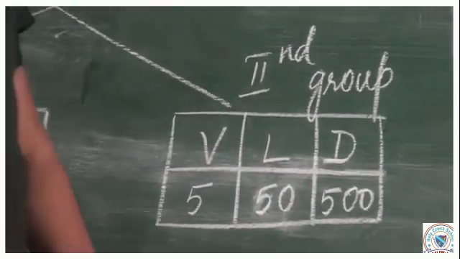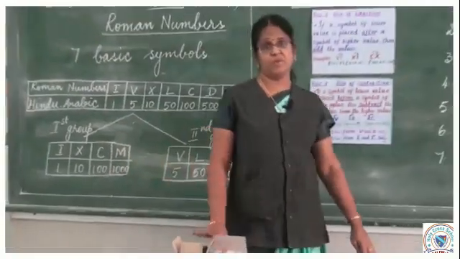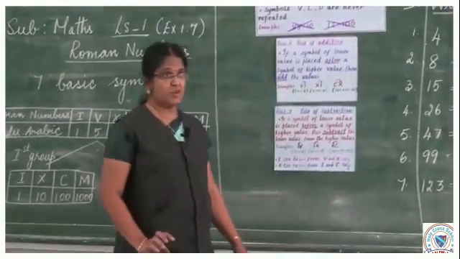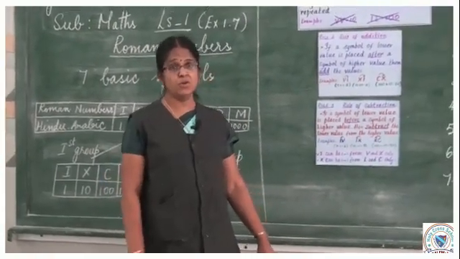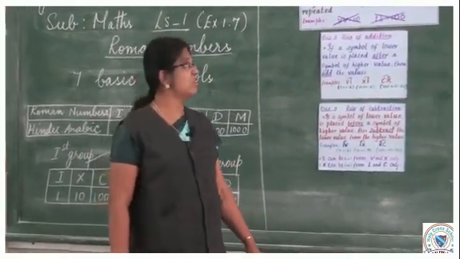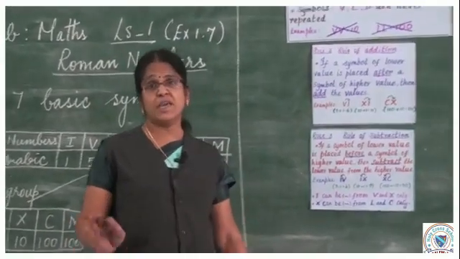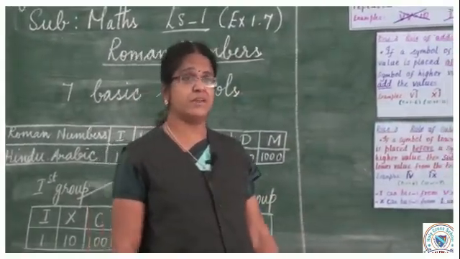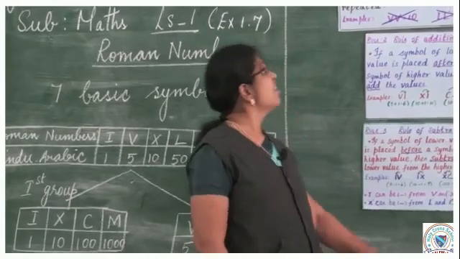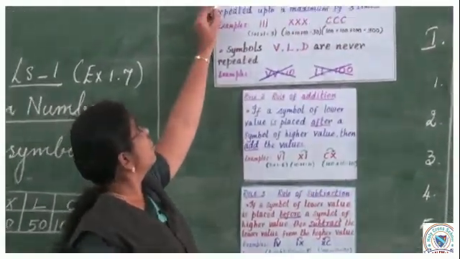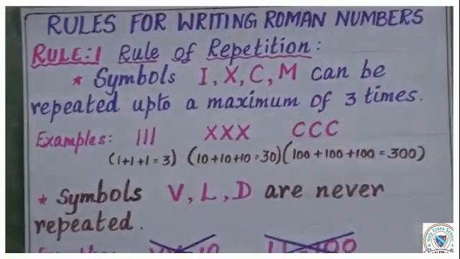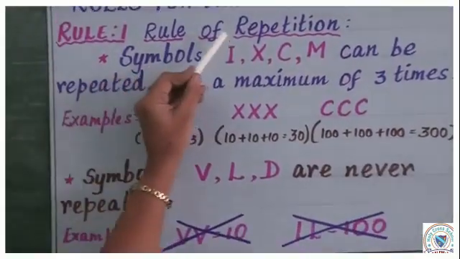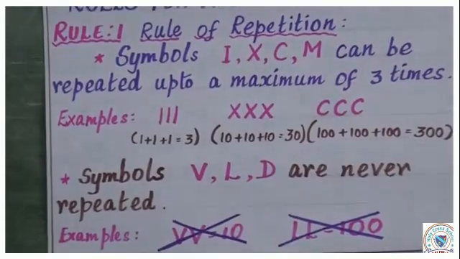Now let us see how to write Roman numbers. Before writing Roman numbers, you need to know the rules for writing Roman numbers. You have 3 important rules. The first rule is Rule 1, Rule of Repetition.